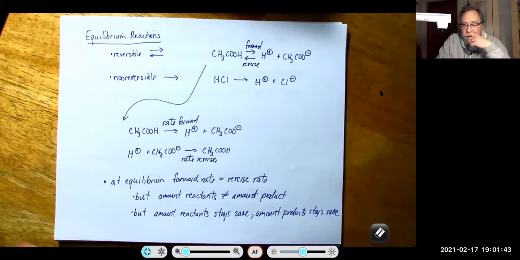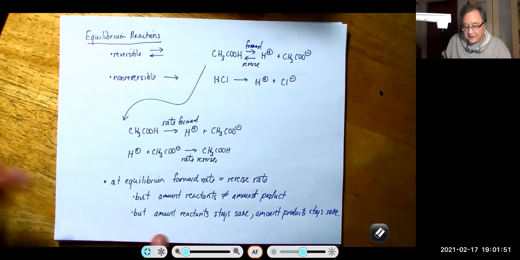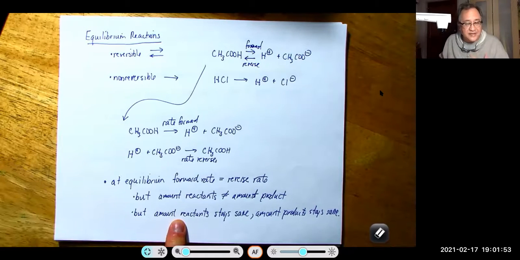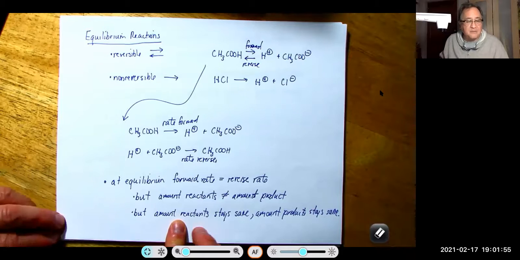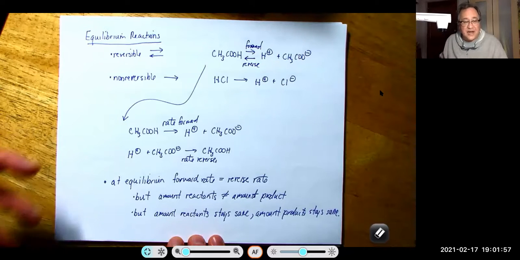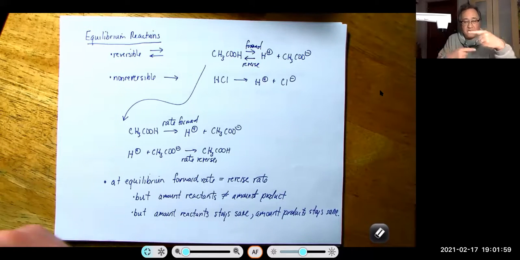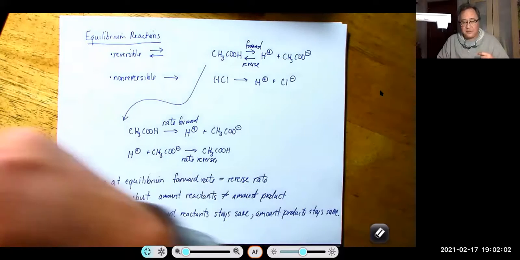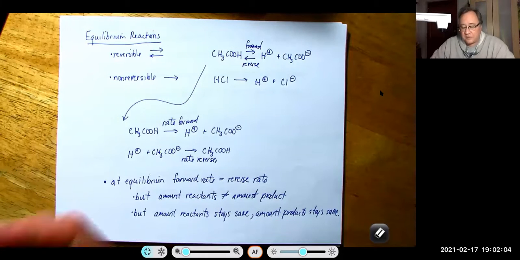What happens to my amount of money if I'm giving away $1, but I also get $1? Nothing. So the amount of money that I have stays the same. The amount of money that the millionaire has stays the same, but yet we're still having reactions go back and forth. So that's my analogy of an equilibrium reaction.